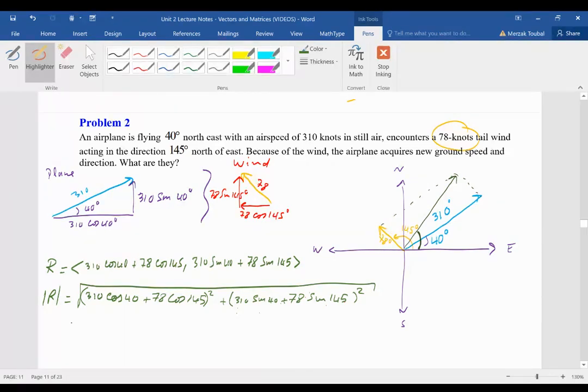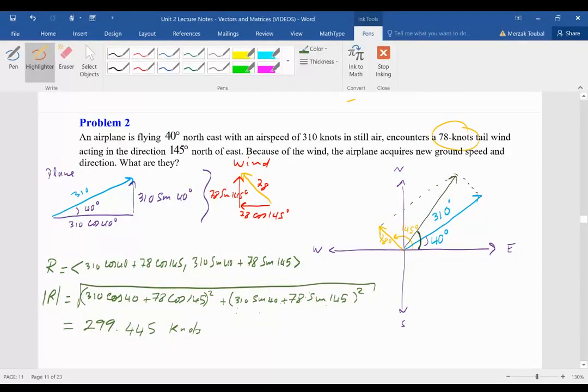Okay, you got something that makes sense. 299.445. And this is knots.